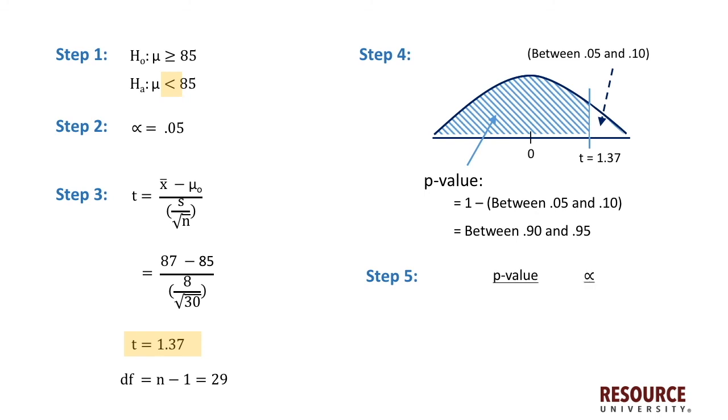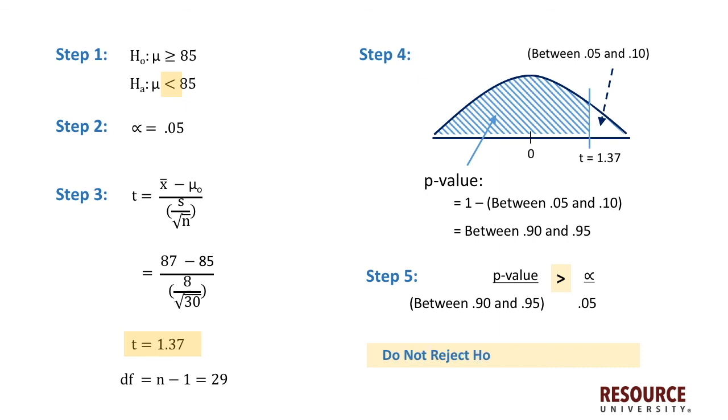Once we have our p-value, we then compare our p-value with alpha. Our p-value is between 0.9 and 0.95. Alpha is 0.05. We notice p-value is greater than alpha, and so we apply the rejection rule, which states that whenever the p-value is greater than alpha, we do not reject H0.